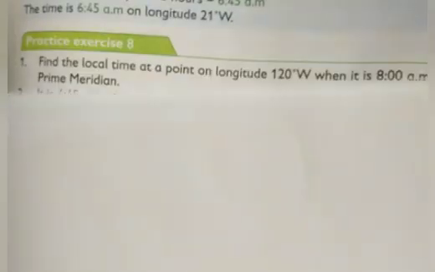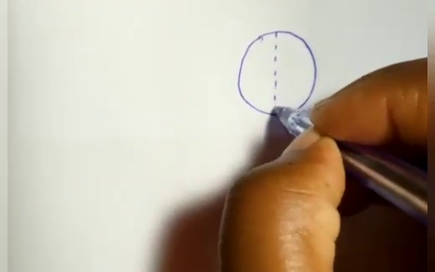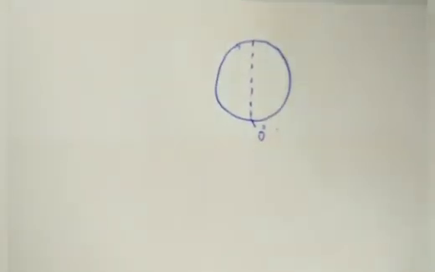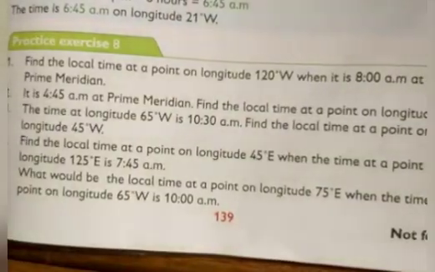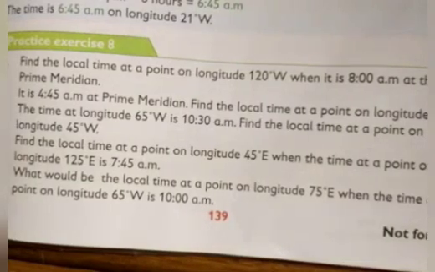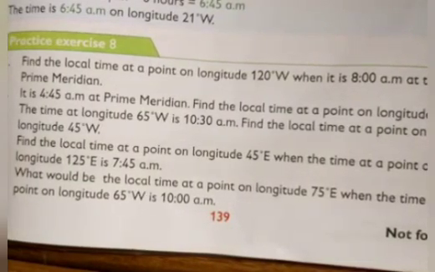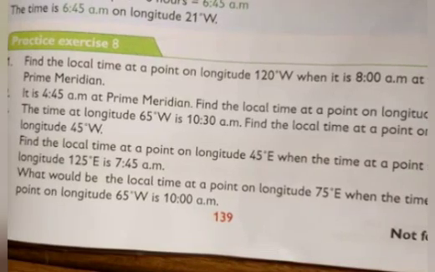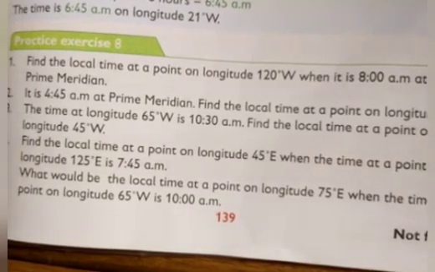Let me choose a different paper. Come up with a globe. Locate the prime meridian first. We already know it is 0 degrees, not east, not west, because we relate east or west with reference to the prime meridian. So what would be the local time on longitude 75 degrees east?